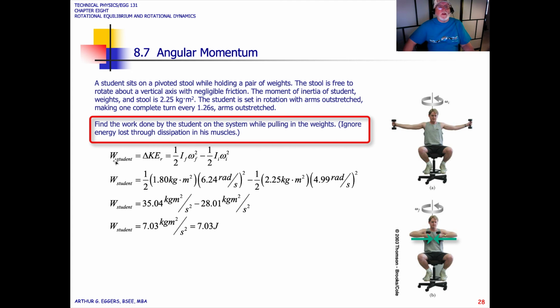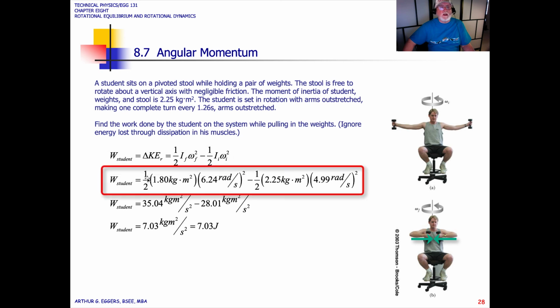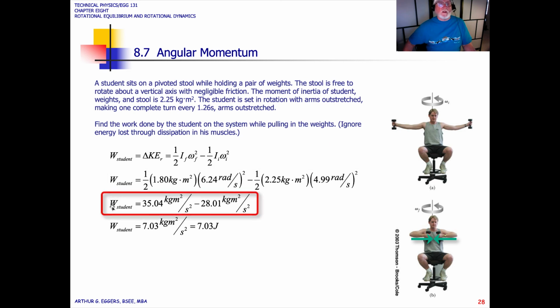So the work done by the student is equal to the change in rotational kinetic energy: 1/2 I final omega final squared minus 1/2 I initial omega initial squared. So we drop in our values: 1.8, 6.24, 2.25, 4.99, and we come up with the work done by the student.